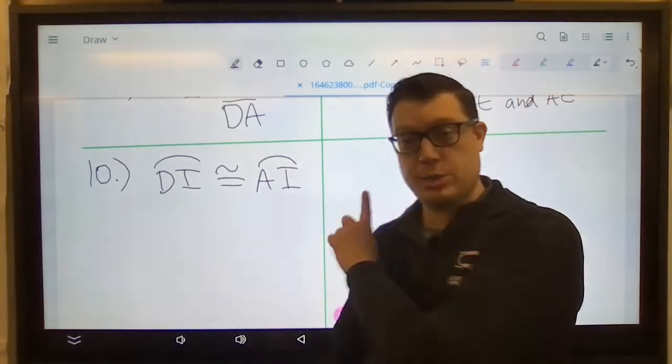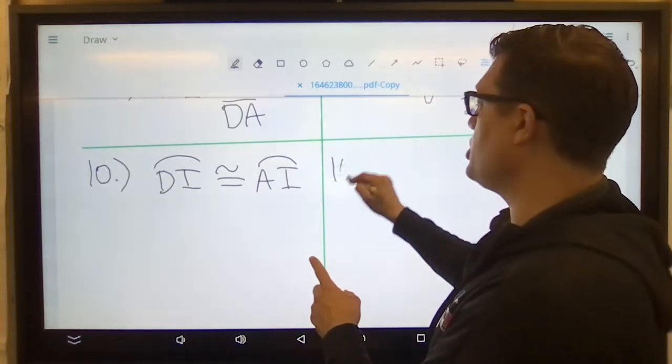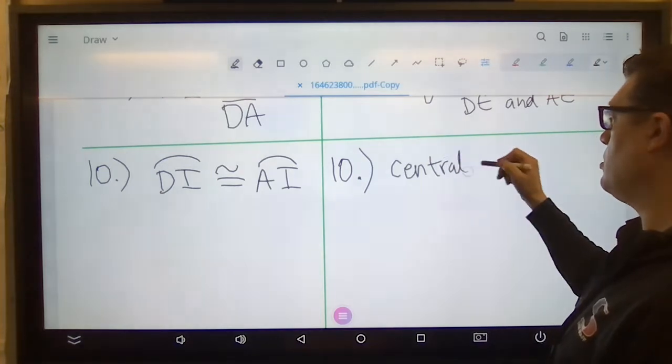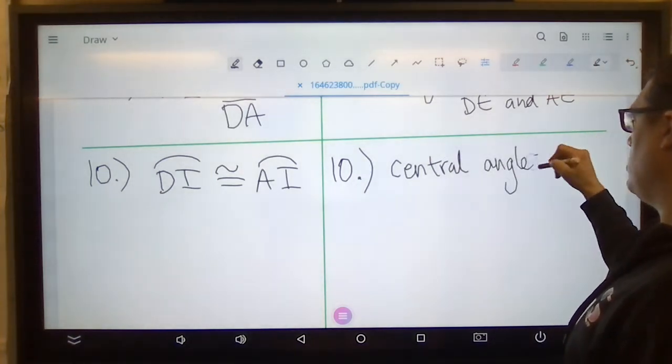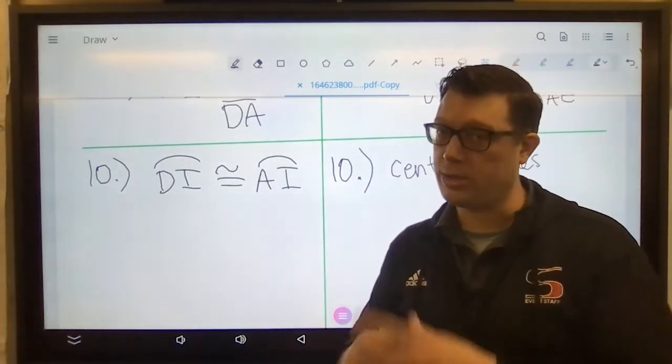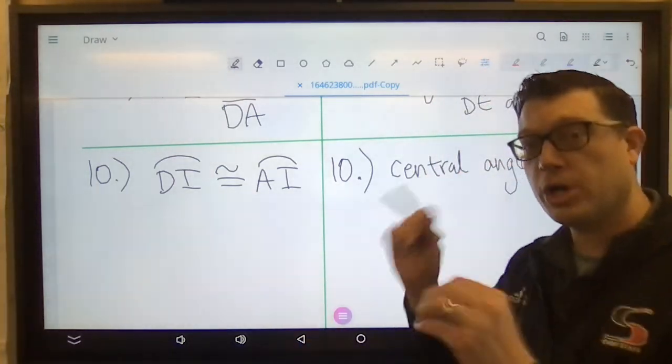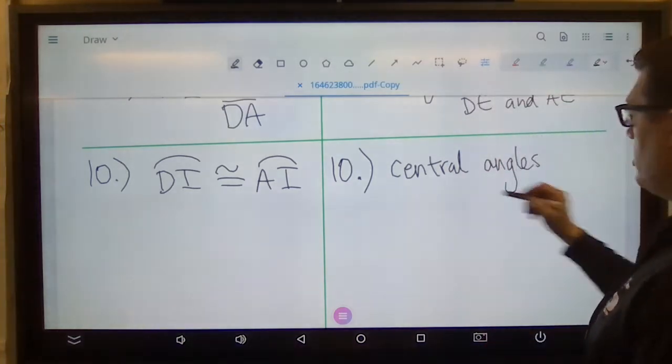Now the reason that that's true is by the definition of central angles. We have central angles that create intercepted arcs, and the central angles are congruent to each other.